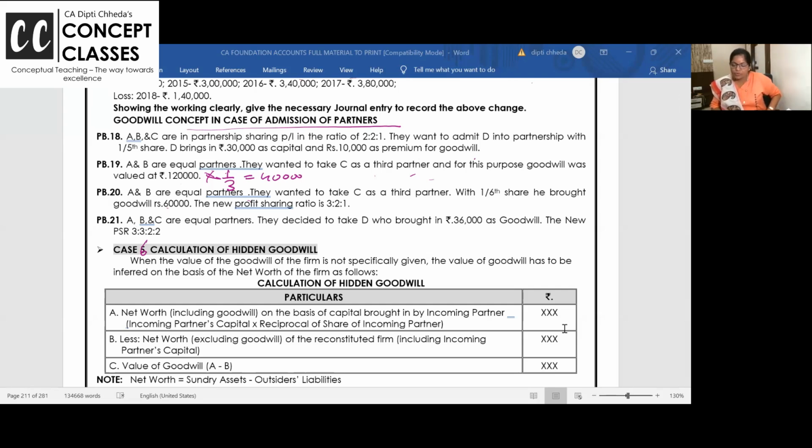And the new ratio is given to you, 3:3:2:2. A, B, C, D's ratio is also given. So this is like the first example. Are you all able to solve this?